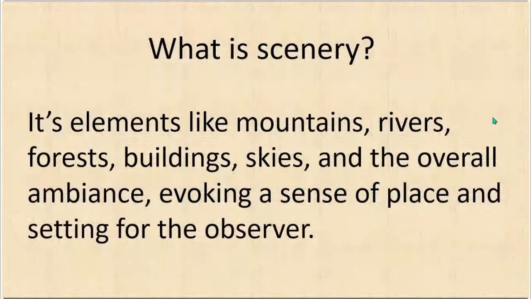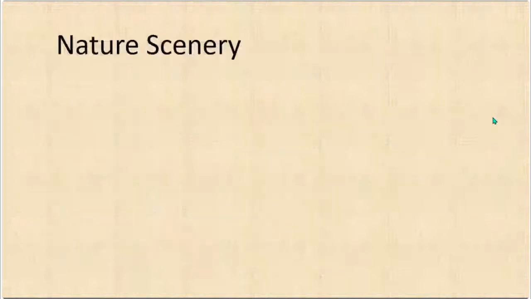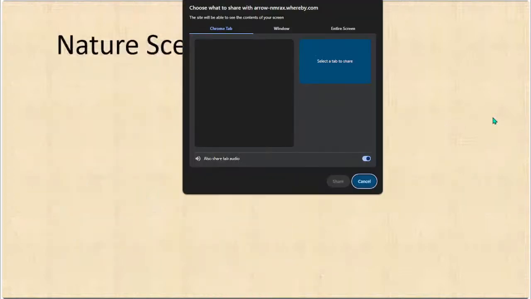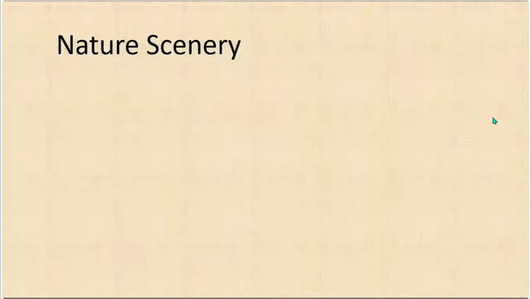So what is scenery? It's elements like mountains, rivers, forests, buildings, skies, and the overall ambience, evoking a sense of place and setting for the observer. Oh yeah, I forgot. There's two types of scenery.